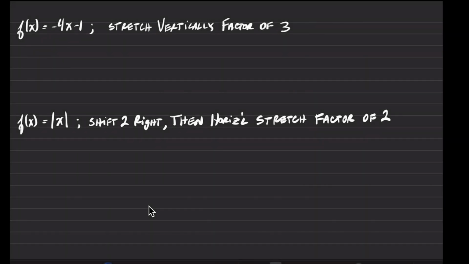Next, we are given a real-world function. F of x is negative 4x minus 1. We are asked to stretch this vertically by a factor of 3. We see the word vertical, so we know we're going to have to be adding numbers outside the function. We're going to create our theoretic transformation using f of x.